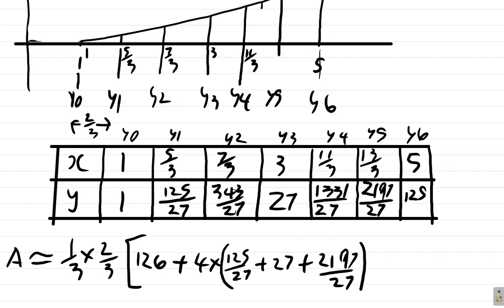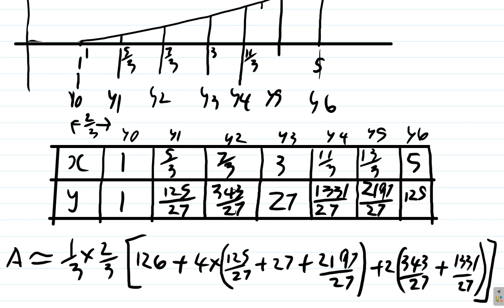Alright, close bracket, plus 2 times open bracket, the even numbered ones, 343 over 27 plus, so that's y2, then y4, 1331 over 27.